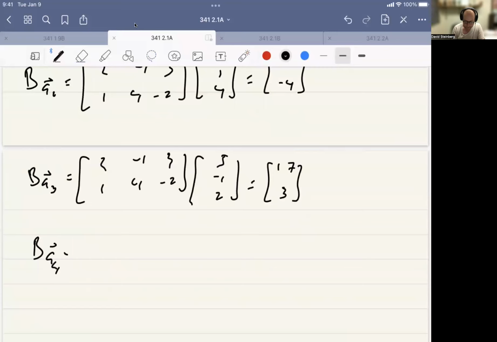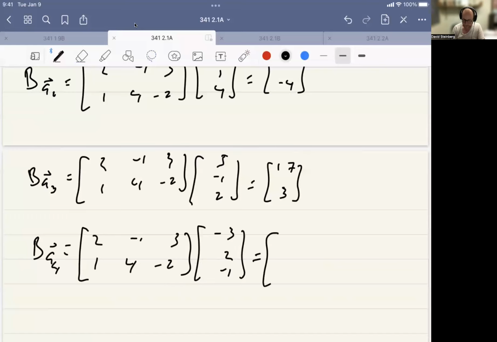BA4. Okay, we'll do one more by brute force, showing all the details. The fourth column is -3, 2, -1. So just to make sure we're all on the same page: 2 times -3, plus -1 times 2, plus 3 times -1, and then 1 times -3, plus 4 times 2, plus -2 times -1.